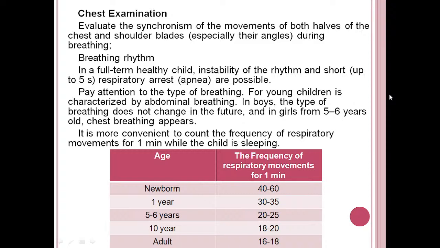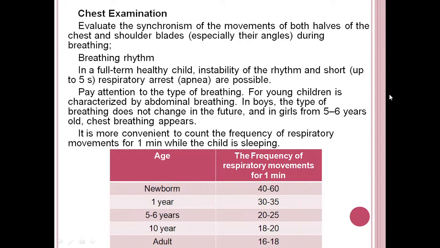Breathing rhythm. In a full-term healthy child, instability of the rhythm and short respiratory arrest, apnoea, up to 5 seconds are possible. Pay attention to the type of breathing.